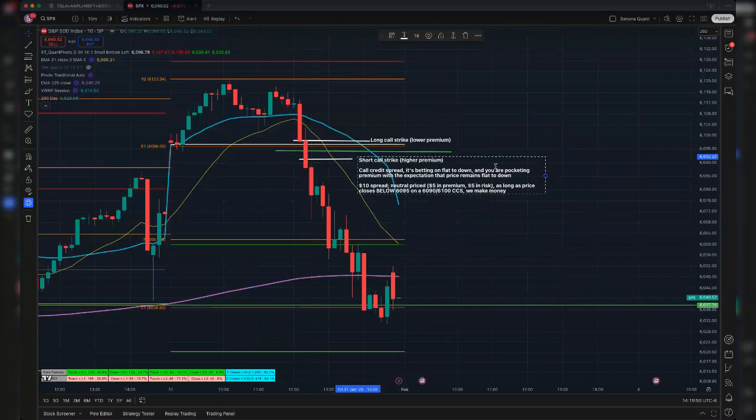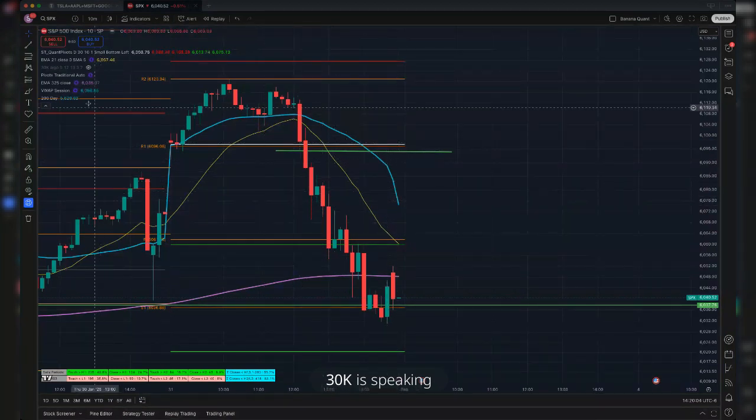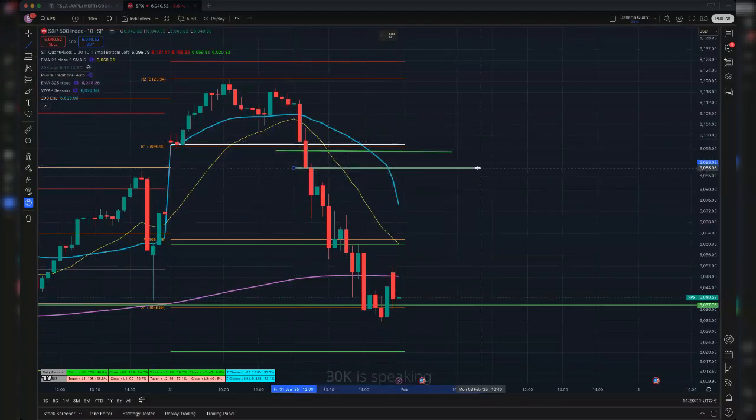Okay. All right. The opposite of this, and I'm just going to delete these, is the call debit spread or the put debit spread. Let's do the put debit spread while we're here and it's easy, right?